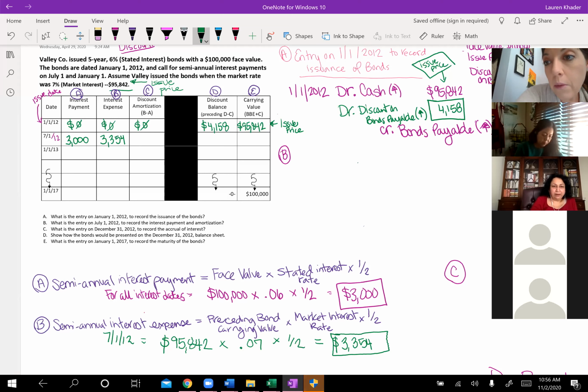The discount amortization is the difference between the amount of interest that we're going to pay and the amount of interest that we're going to expense. So the difference, the absolute value, if you will, because it needs to be a positive number, between interest paid and interest expense, 354.